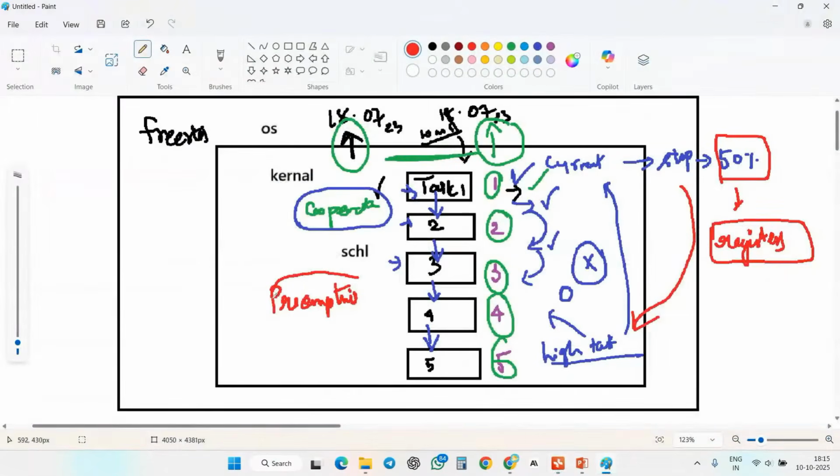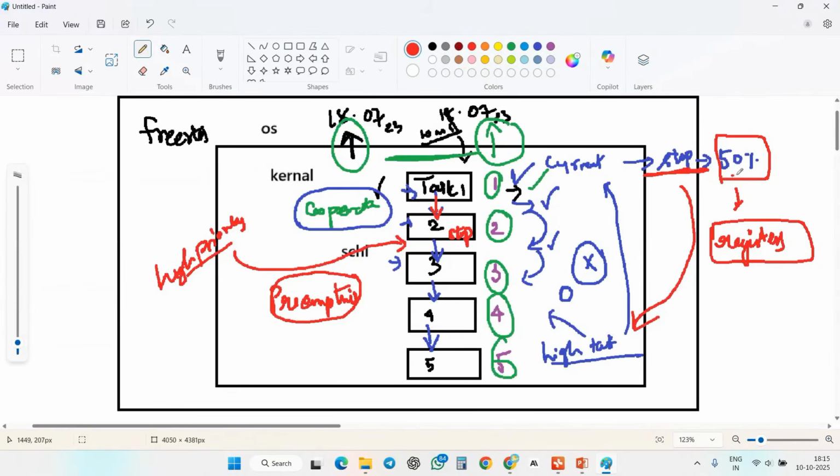Preemptive scheduling is different because if task one is running, it moves to task two, and meanwhile, if a higher priority task tries to interrupt, it just stops here.